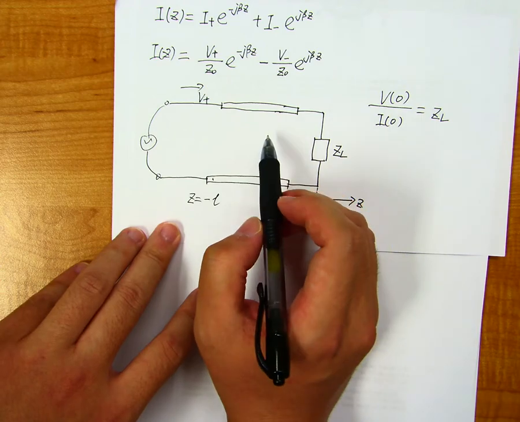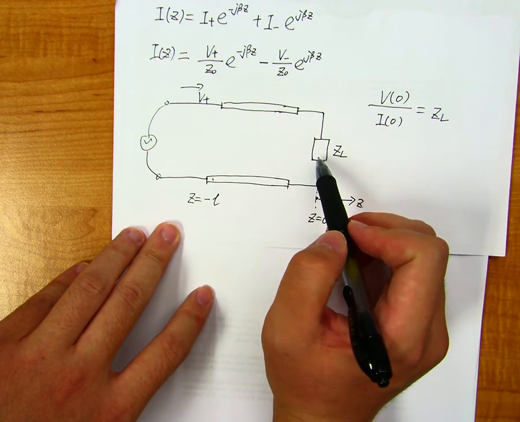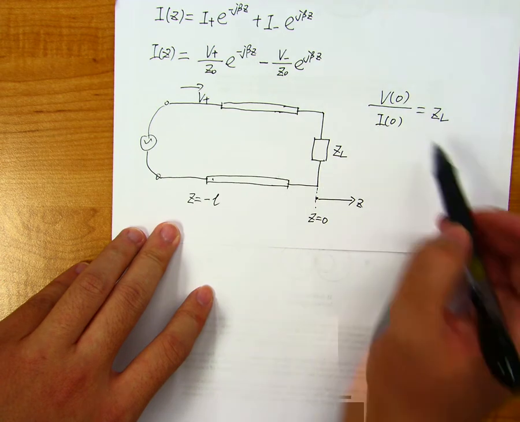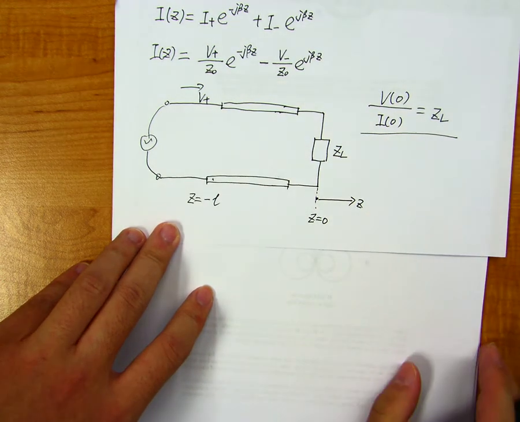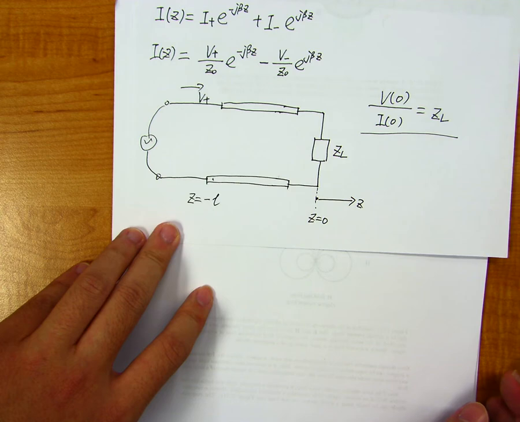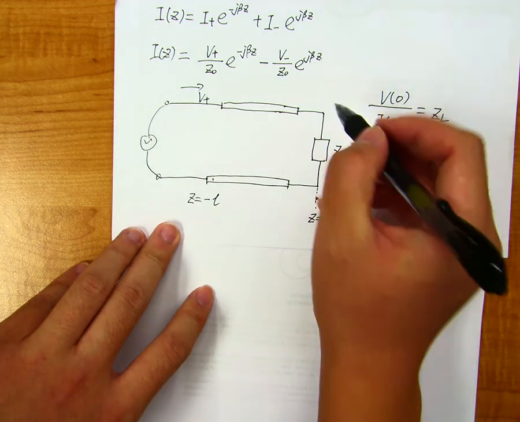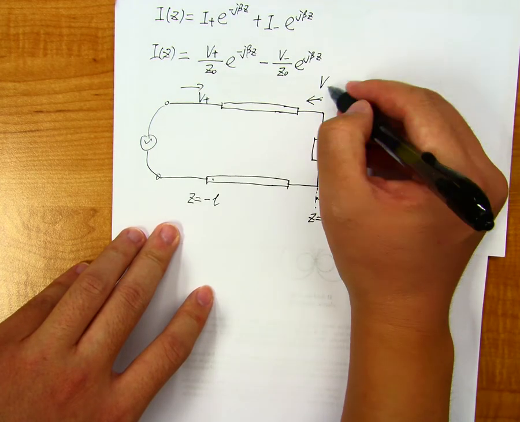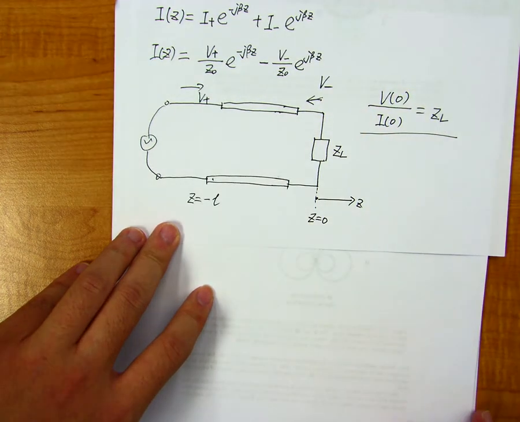This right traveling wave will hit this load ZL, and because this VI relation must be satisfied, a reflected left traveling wave will be reflected by the load. So we have a reflected left traveling wave. Okay, that's the physical interpretation of this problem.